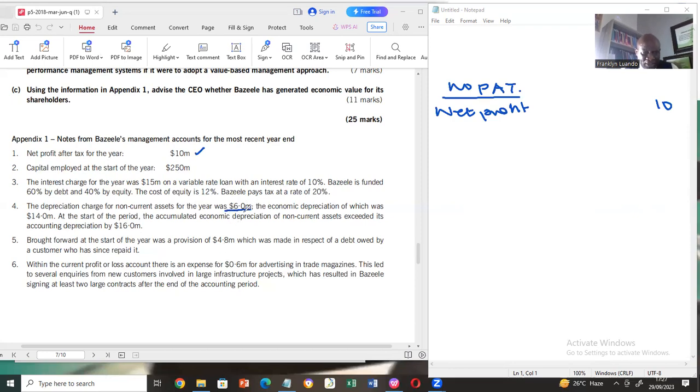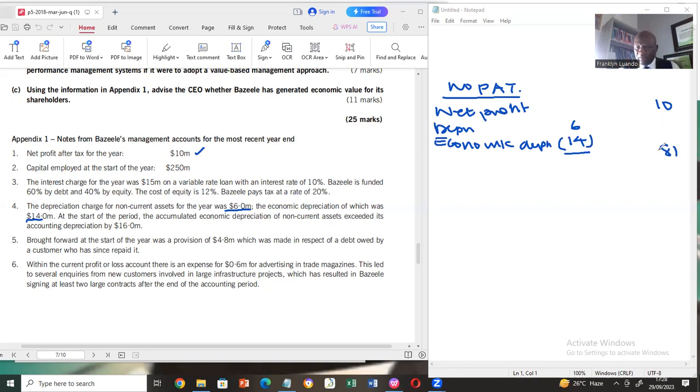We add back, and then we remove the economic depreciation. So here, accounting depreciation is added back, which is 6. Then less economic depreciation. The economic depreciation there, we are told it's 14. So here we have 8.